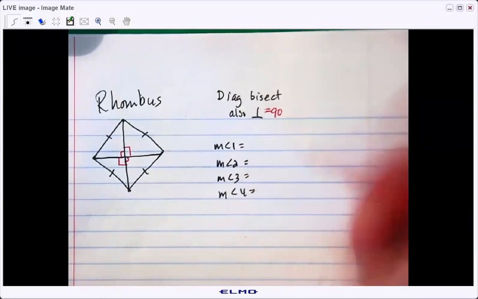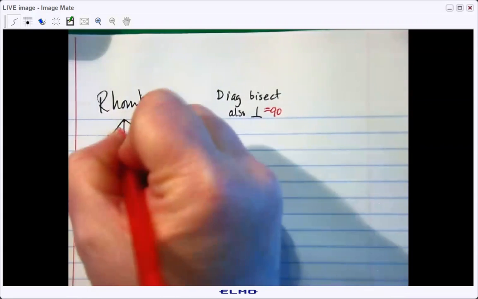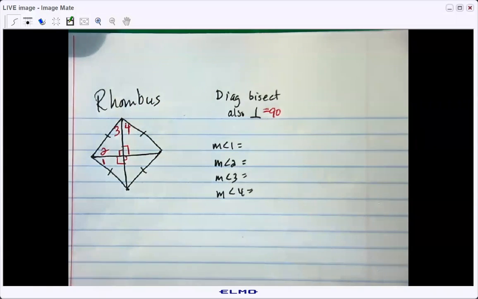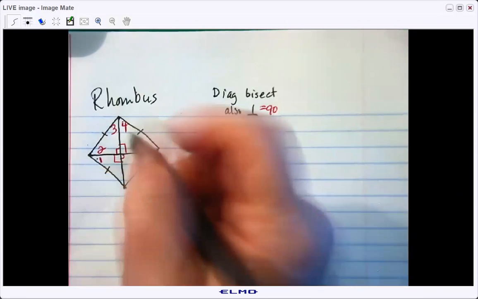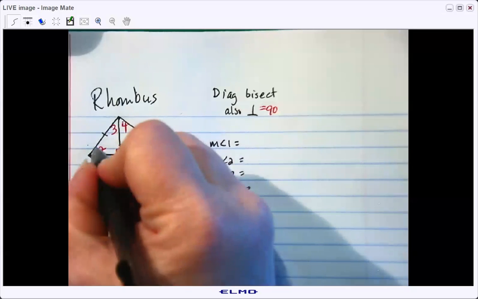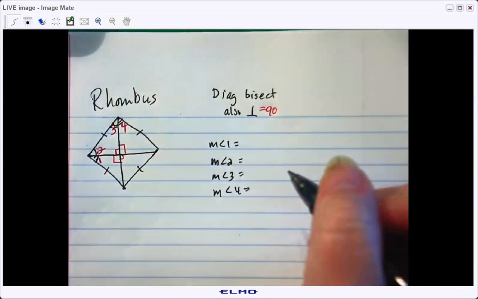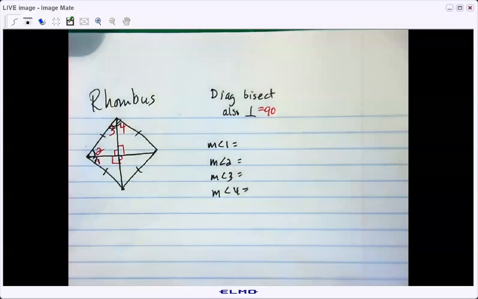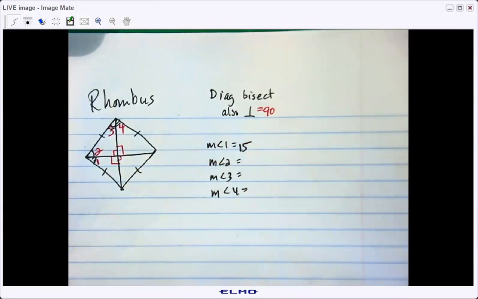So this time we'll just use the same numbers to make the math easy. Here's angle 1, angle 2, angle 3, angle 4. But we also know with the diagonals, they bisect the big angles. Like this is a big angle right here, this is a big angle, big angle, big angle. That makes angle 1 equal to angle 2, and angle 3 equal to angle 4. So if I tell you that angle 1 is 15, what does that make angle 2? 15, good.